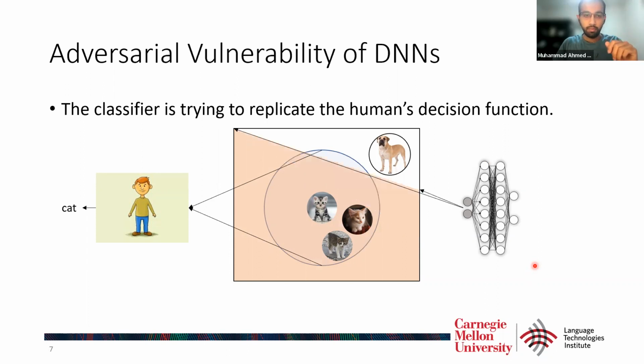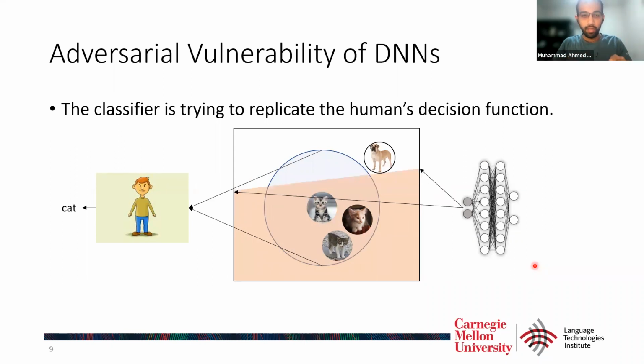It could learn this boundary, this boundary, any of these, because all of them do a perfect job on the training set. However, you may notice that in all these boundaries, there is this region in which humans would consider any image that lies here to be a cat, but the model would classify it as a dog or as not a cat.